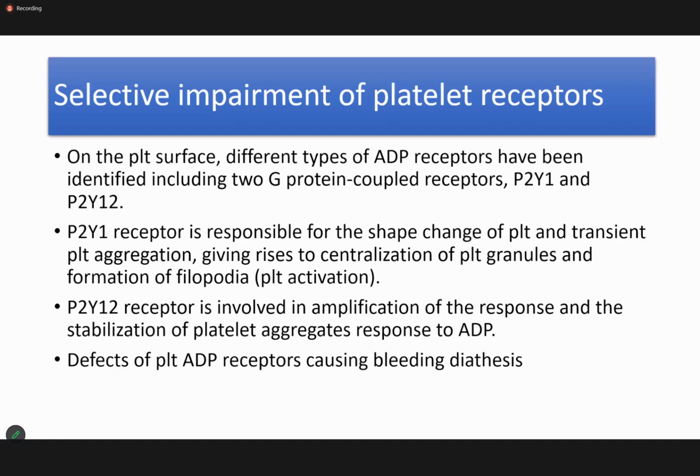Now we go to selective impairment of platelet receptor. Basically, you all know that on the platelet surface, there are different types of ADP receptor.